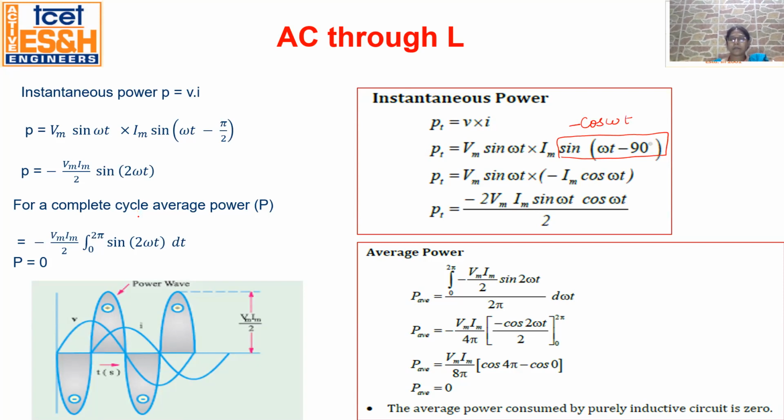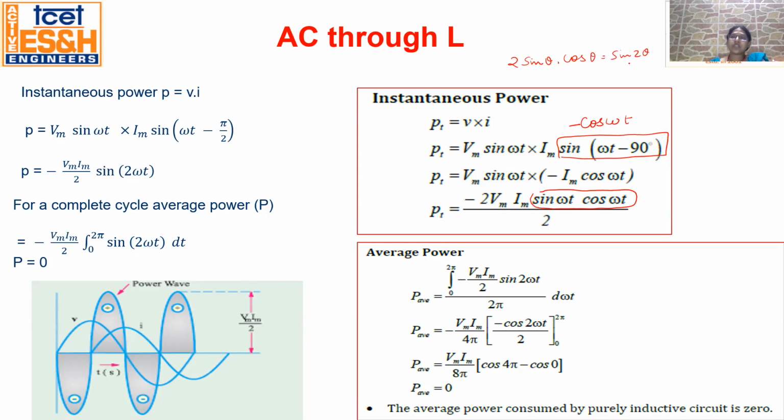After writing this, we have one formula: 2 sine theta cos theta is equal to sine 2 theta.